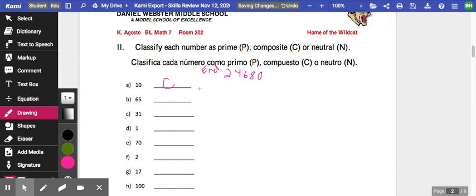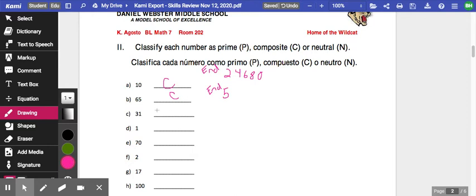Here's another one. If it ends in a 5 but is not the number 5, it is composite. So 65 ends in a 5, composite. 31: no real rule with that one, there's no real rule with a number like this.